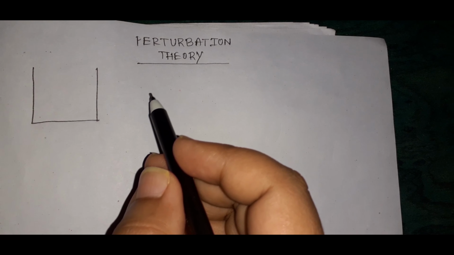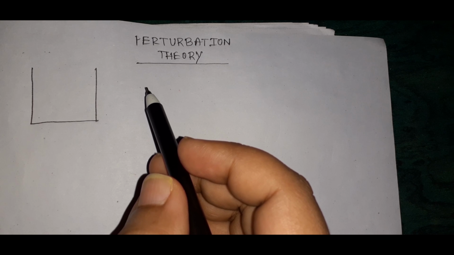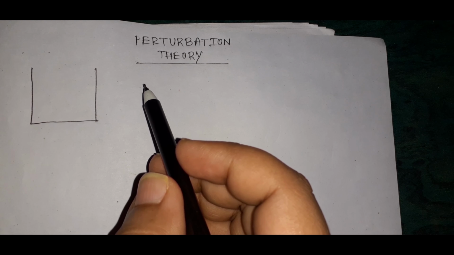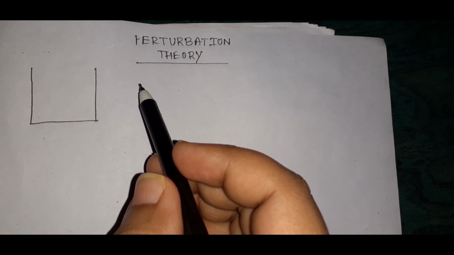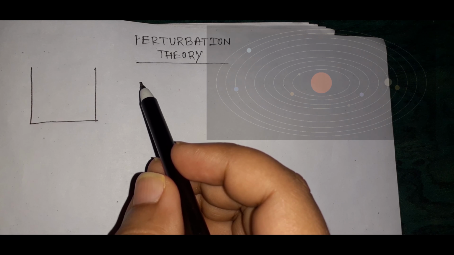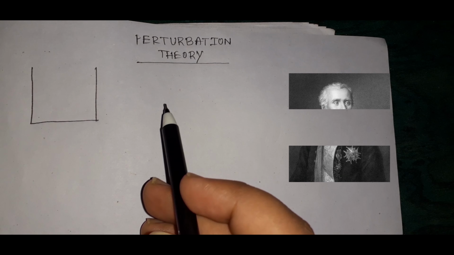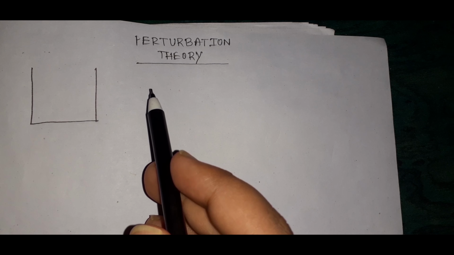The history of perturbation theory is very unique. Basically, this method was not created to solve quantum mechanical problems. It was actually created to solve three-body or more-body planetary motions. It was created by Laplace and Lagrange in the 18th and 19th century.